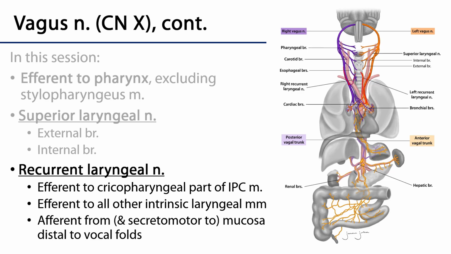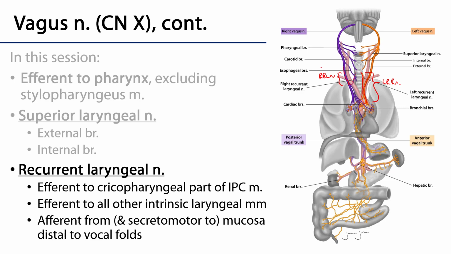So as we can see here, there is quite an asymmetry between the size of the left recurrent laryngeal nerve and the size of the right recurrent laryngeal nerve, with the left being significantly longer than that of the right.